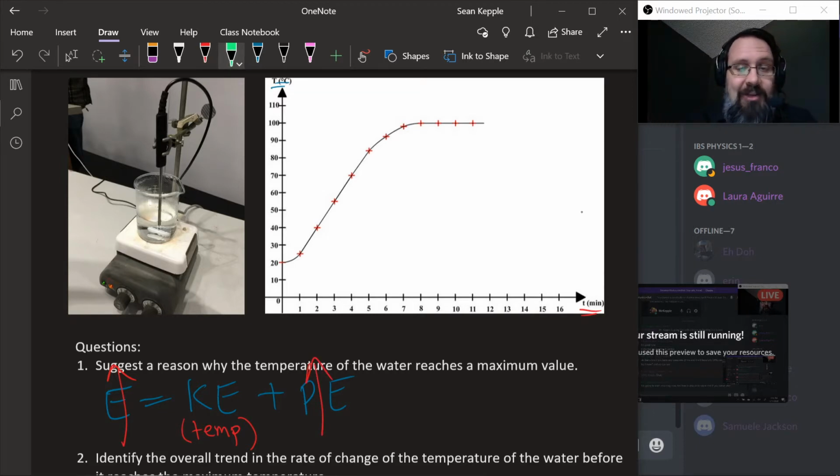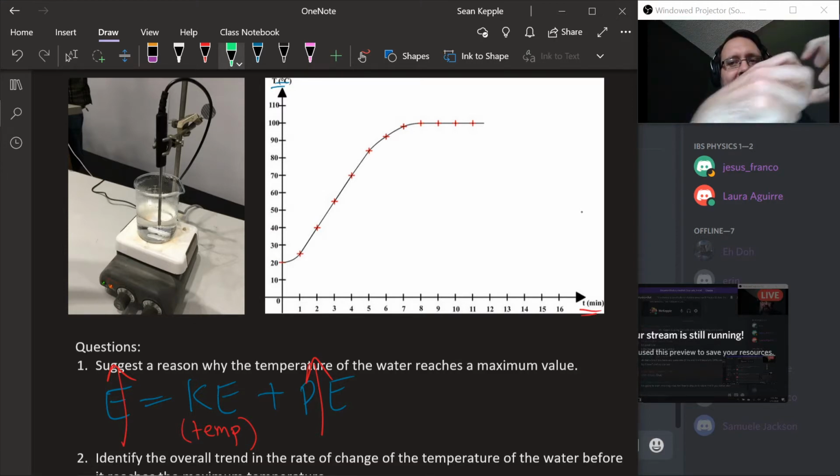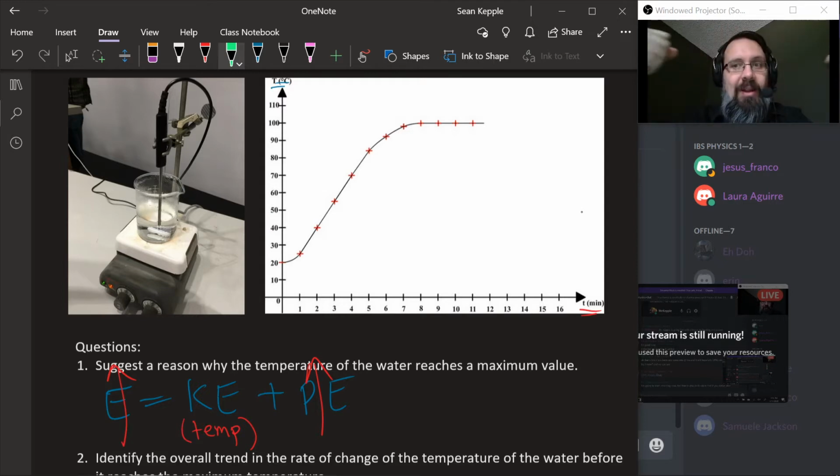What's actually happening here is that instead of speeding up, the particles have reached a maximum speed where they can't gain any more kinetic energy; they're kind of bonking into each other. Until we can separate the particles, they can't start to go faster. So what's actually happening here is we have a phase change.